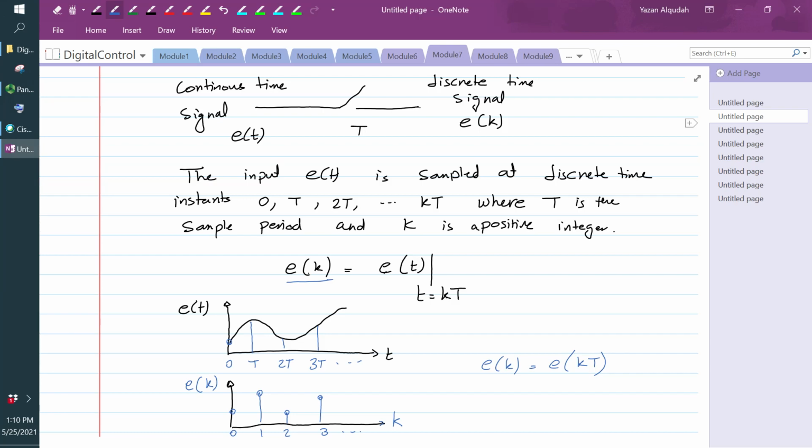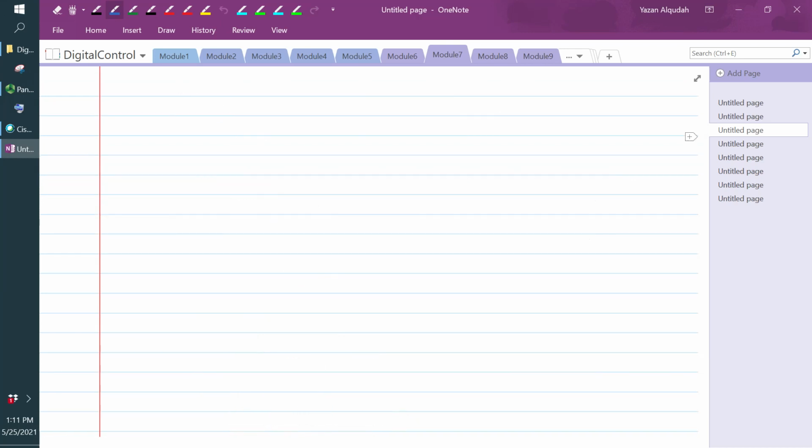As you can see, when I have the samples of the signal E of k, I only have the values of the signal at finite, discrete instances in time. What is it that we have to observe in order to minimize the information that we're going to lose?